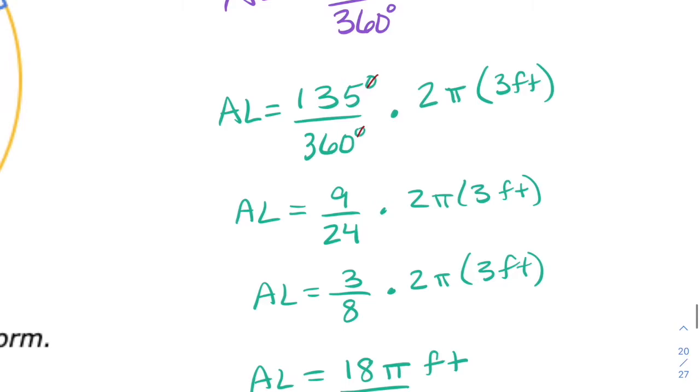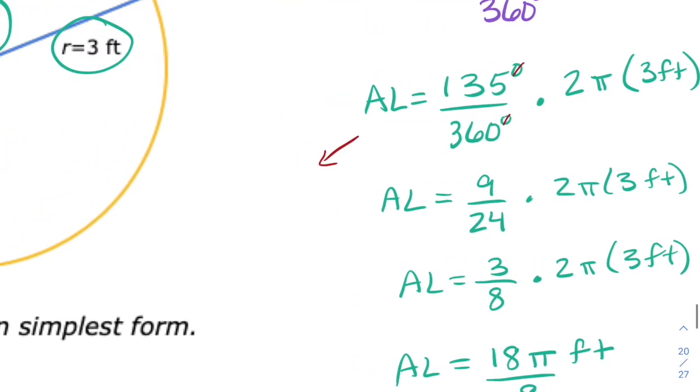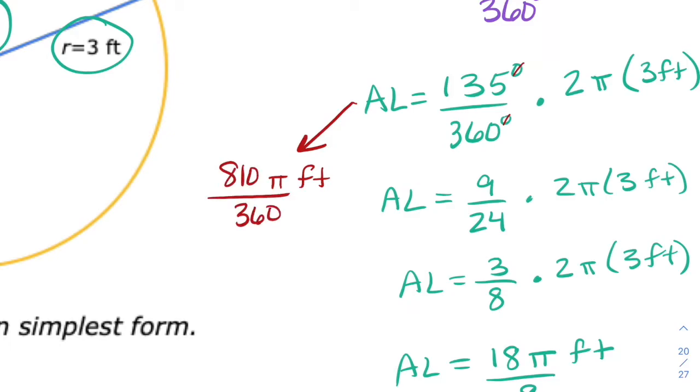Now, some students might find it easier to instead do this alternate version, which is to do 135 times 2 times 3. And that's fine. You get 810 pi feet over 360. And then you have to simplify from there. Okay, so 810 pi over 360.